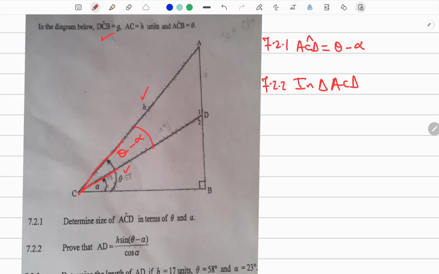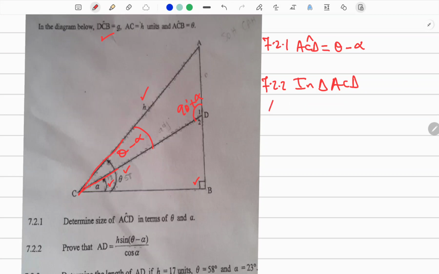Moreover, this angle D1 is clearly 90 degrees plus alpha, because the exterior angle of a triangle equals the sum of the interior opposite angles. So that is very clear, and we proceed on the triangle ACD.